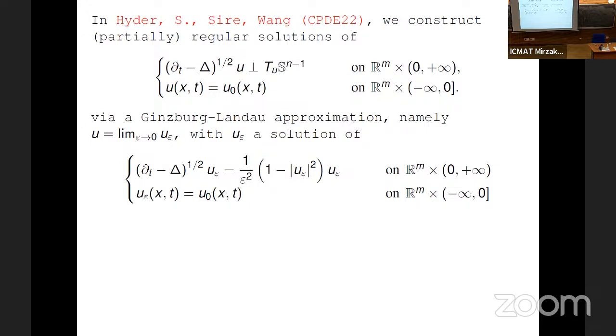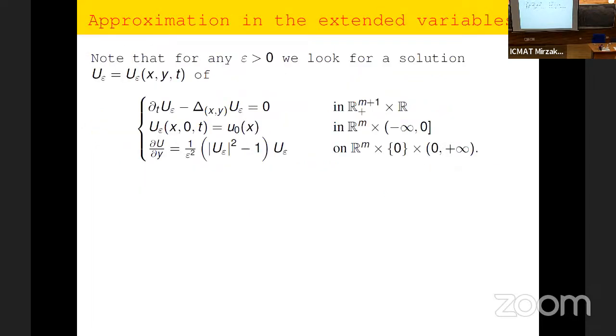Okay, so if you want to study this equation and interpret this operator in terms of the extension, you end up with this problem in the extended space. So you have the heat equation in the extended space. Imagine this is Rm, this is the timeline, and this is Rm plus 1.